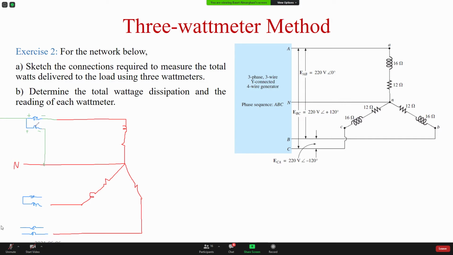This coil is called the voltage coil, the potential coil. And this is the current coil. This is going to measure the current going to phase A and the voltage across phase A, between here and the neutral. The second one, this is the current and this is the voltage.